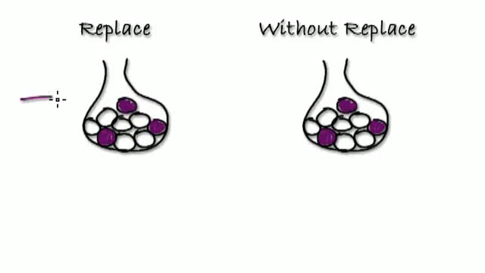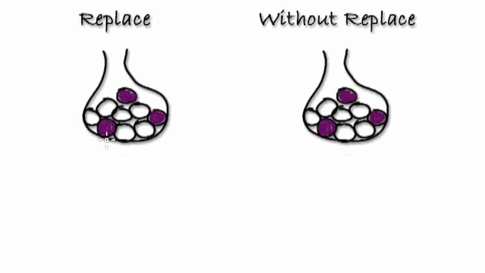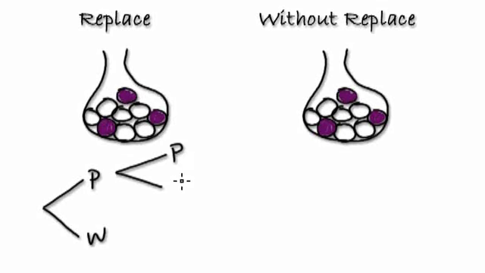If you draw a tree diagram for this scenario here, the replace, it would look something like this. On your first pick, you could get a purple or a white one, and then on your second pick, you could get a purple or a white.